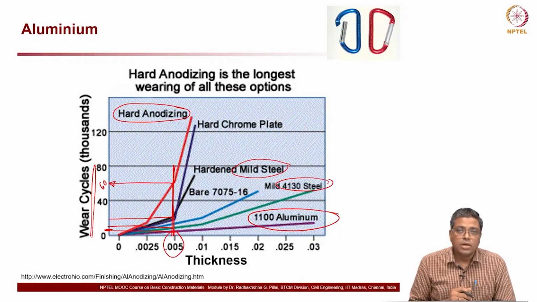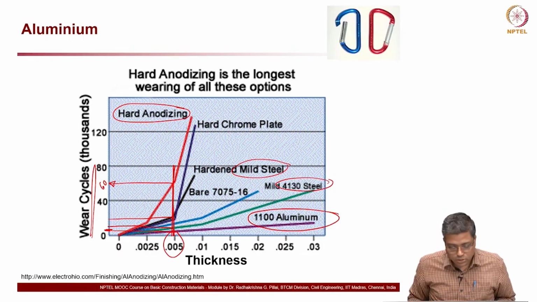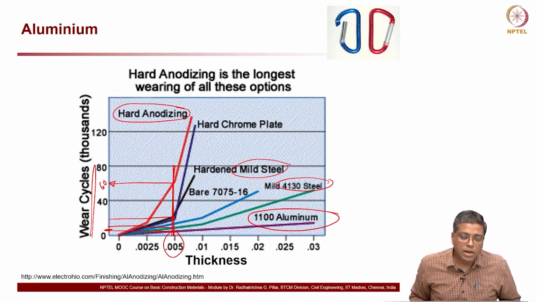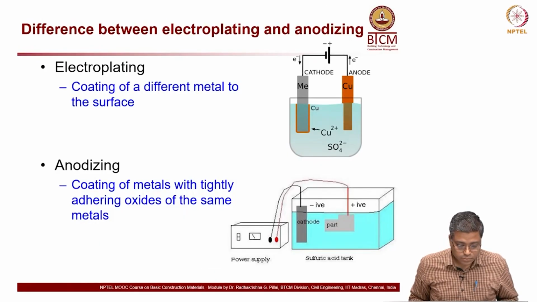So definitely when you use the anodized aluminum, you have a very excellent surface property. The anodized aluminum will have very good wear resistance, or rather abrasion resistance. I mean, it can be related to that also, if not directly, and that means hardness is also very good.